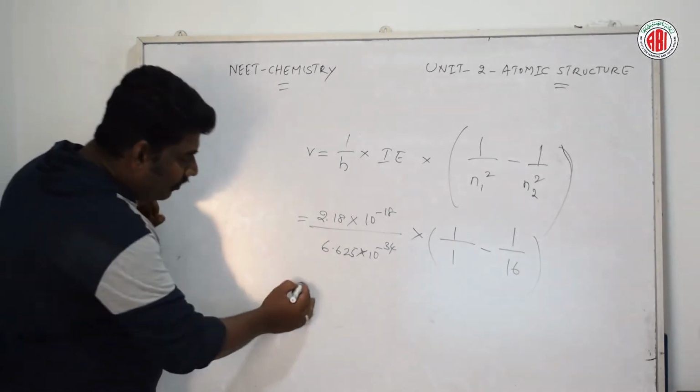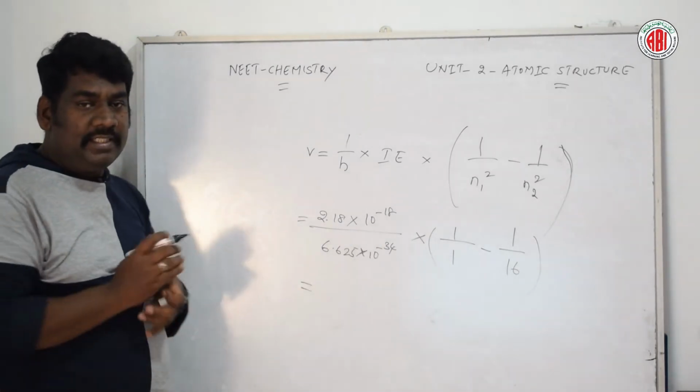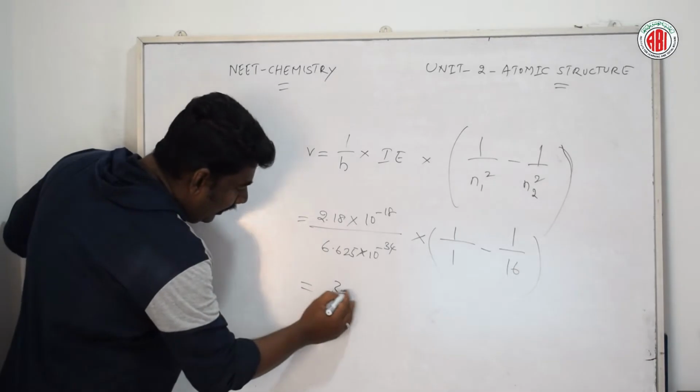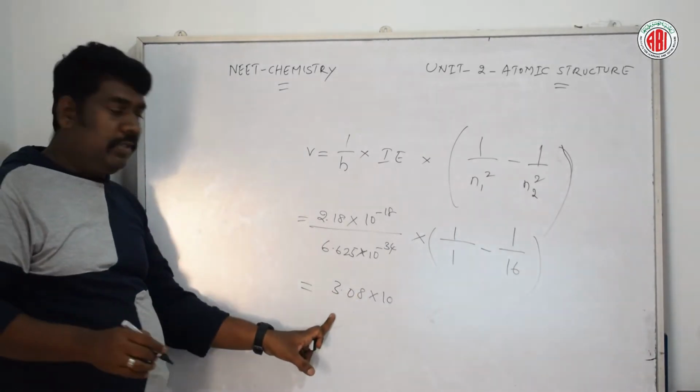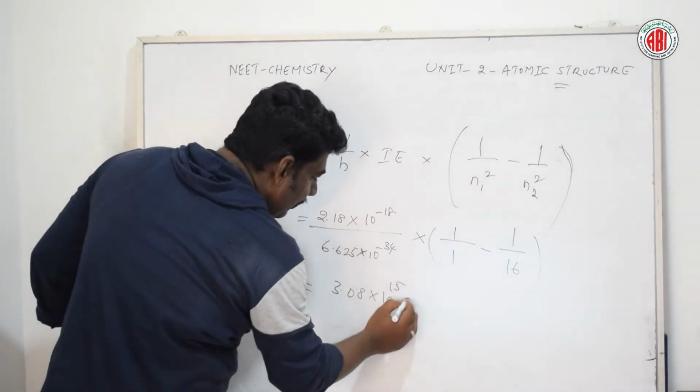Simplifying this, we get 3.08 × 10^15 per second.